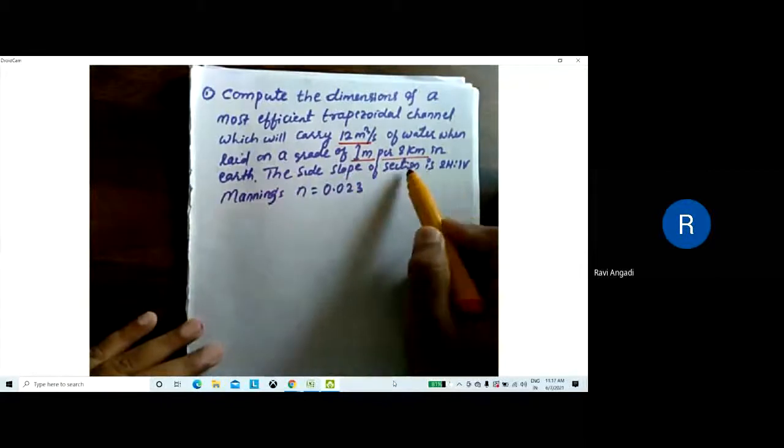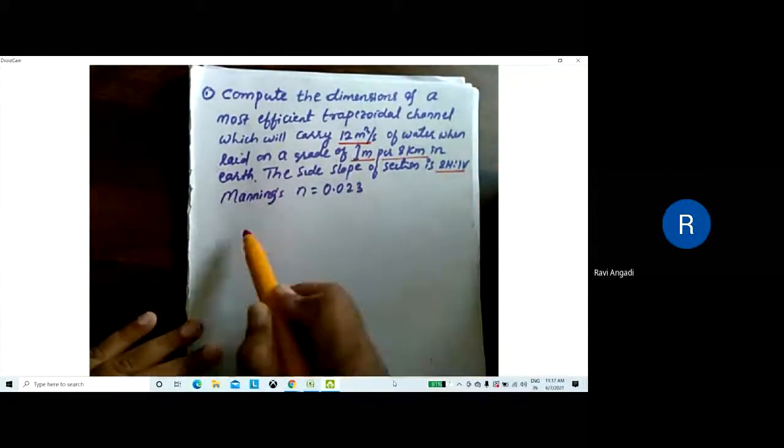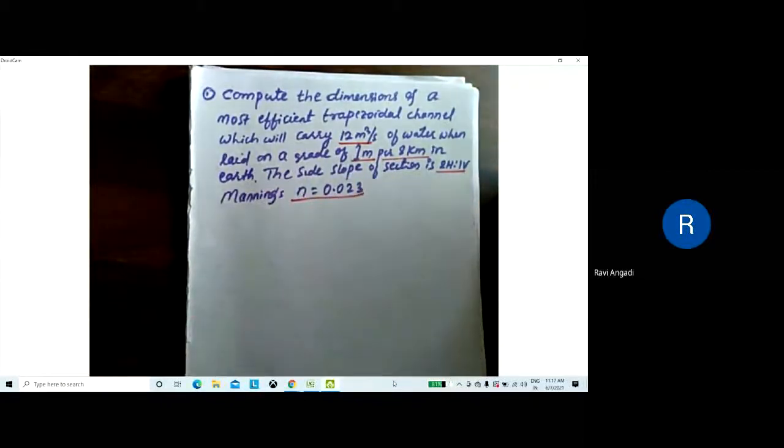The side slope of the section is 2 horizontal to 1 vertical. Take Manning's n equal to 0.023.